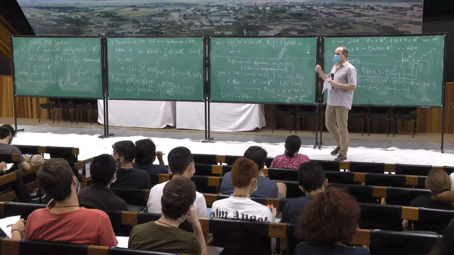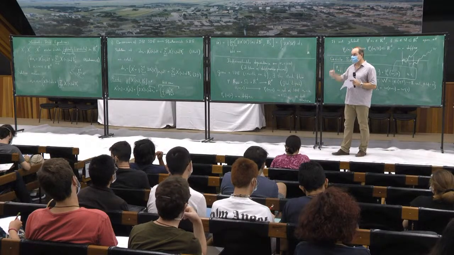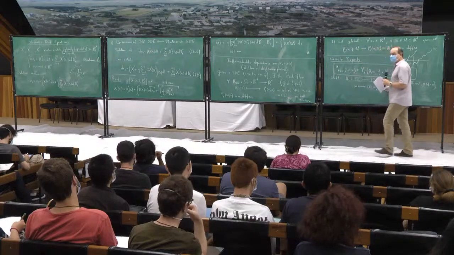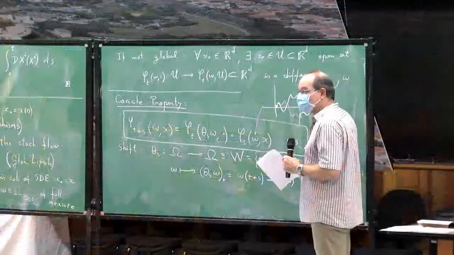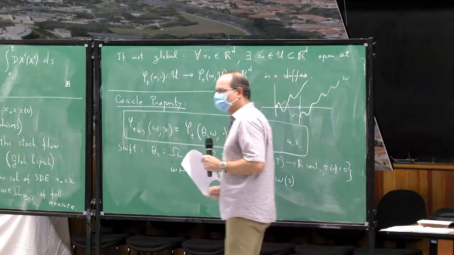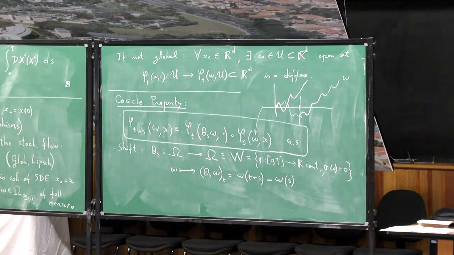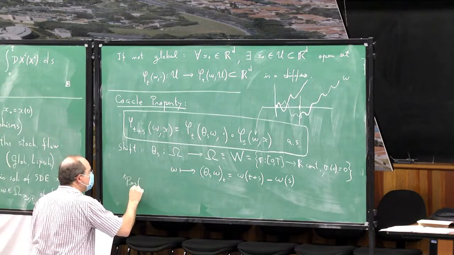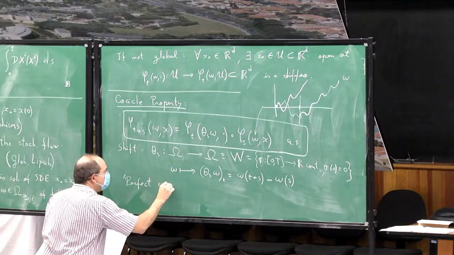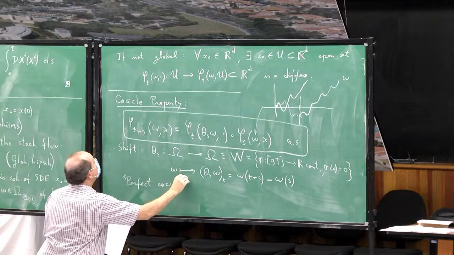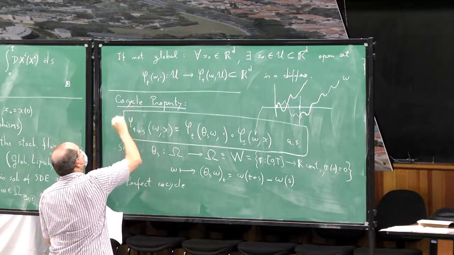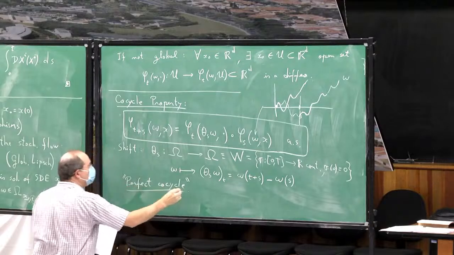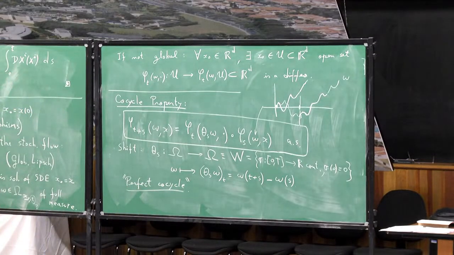Do you understand what I mean? So when we add up sets of measure zero an uncountable number of times, which happens here, it could fail. So what they did, they have a work from the 90s, fixing this and constructing what they call the perfect cocycle, which is exactly somehow an answer to your question.